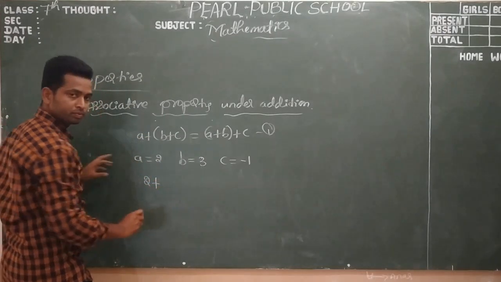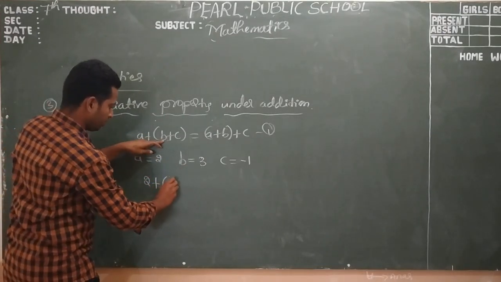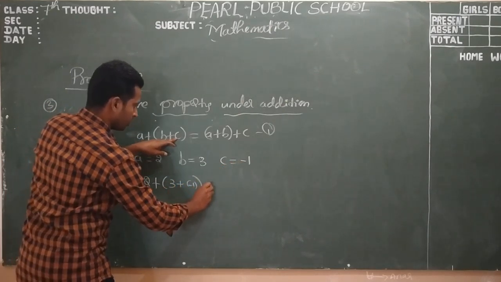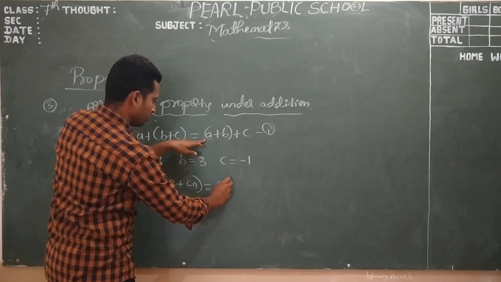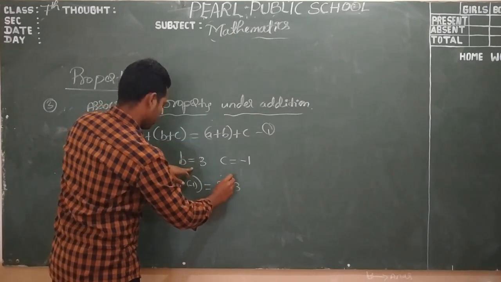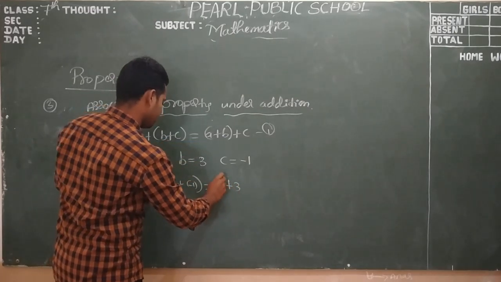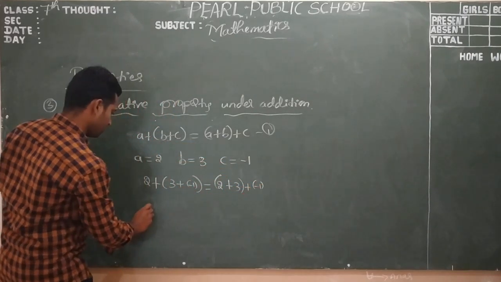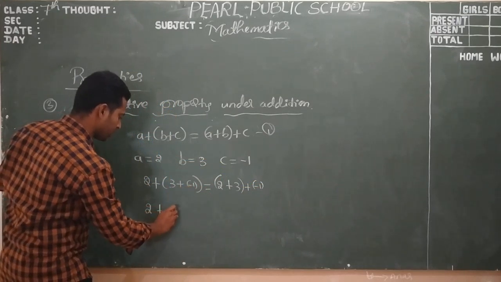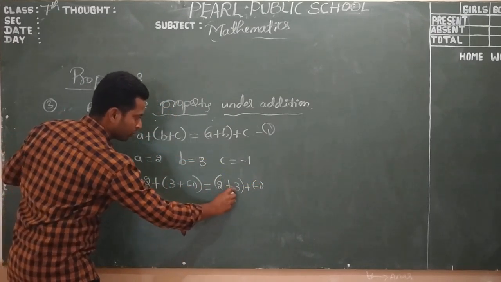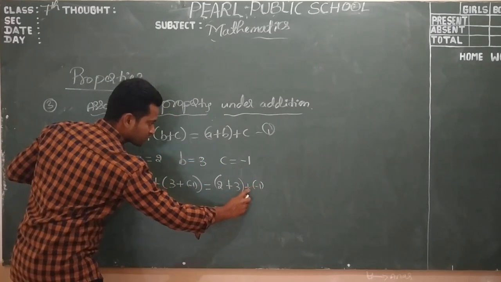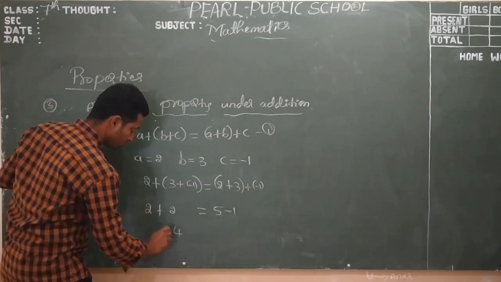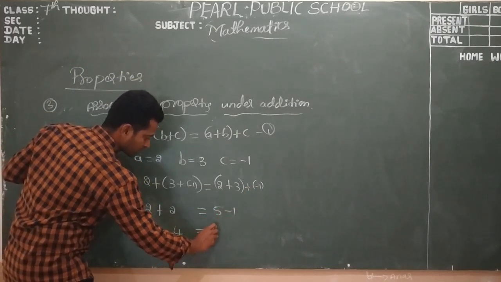So 2 plus (3 plus minus 1) equals (2 plus 3) plus minus 1. So 2 plus 2 is 4, which equals 5 minus 1, which is 4.